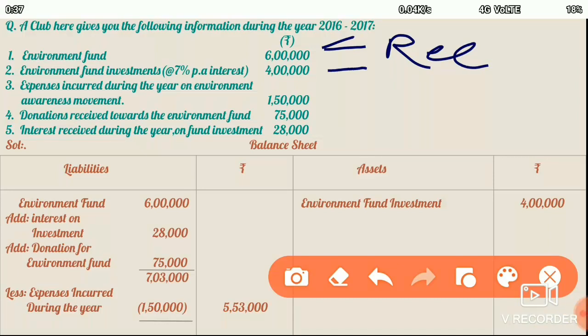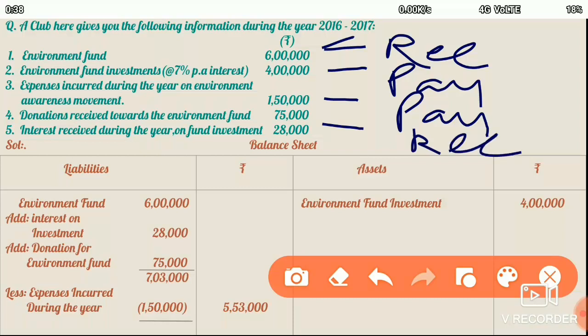Then 4 lakh rupees, which is an investment made from the fund, will appear towards the payment side of the receipts and payments account. 1,50,000, the expenses which were incurred, will appear on the payment side. Then the donation which was received for the fund will be shown towards the receipt side, and the interest which was received will be shown towards the receipt side of the receipts and payments account.